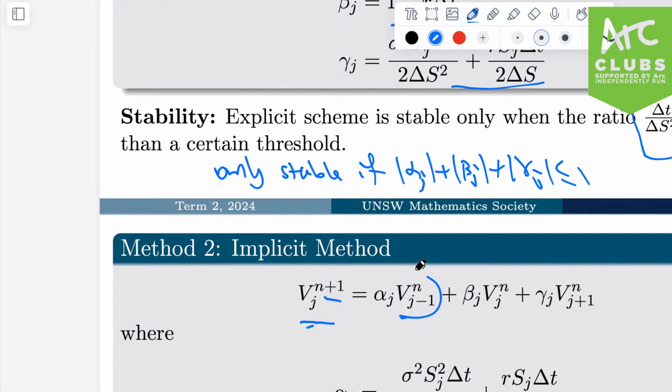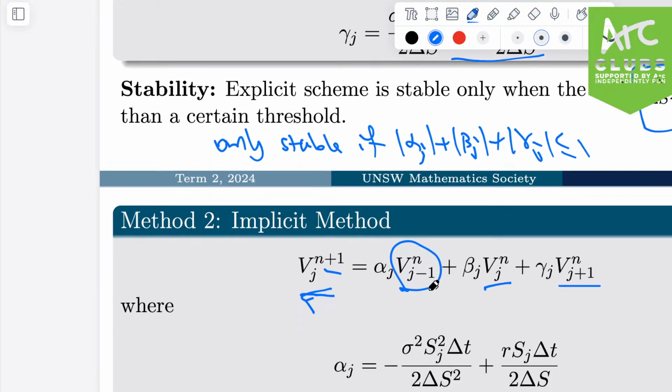We also don't know V_(j-1)^n, because it happens before, the step before. The only things we know are V_j^n and V_(j+1)^n. So we definitely do not know V_(j-1)^n, and we definitely do not know V_j^(n+1). So we have at least two unknowns and only one equation, so we cannot solve it explicitly.